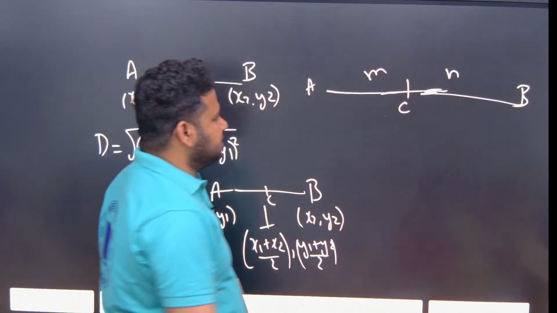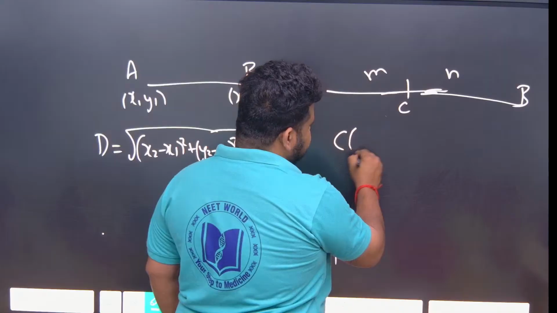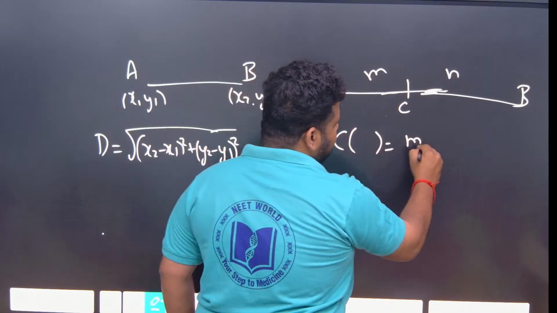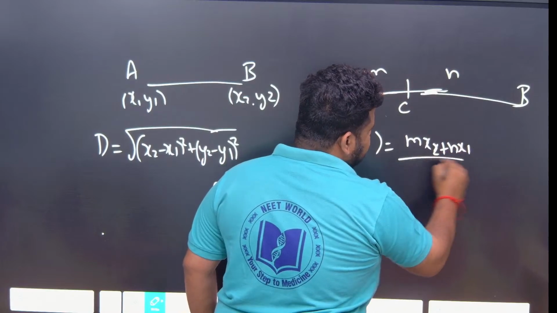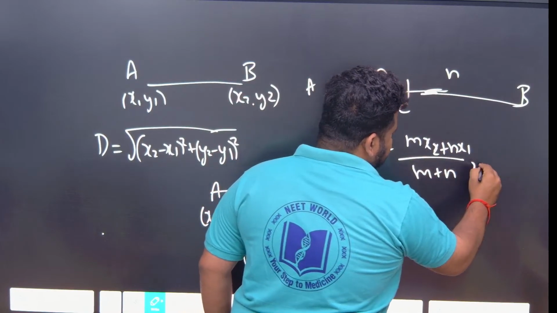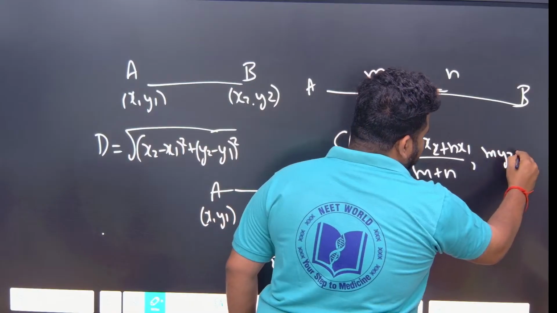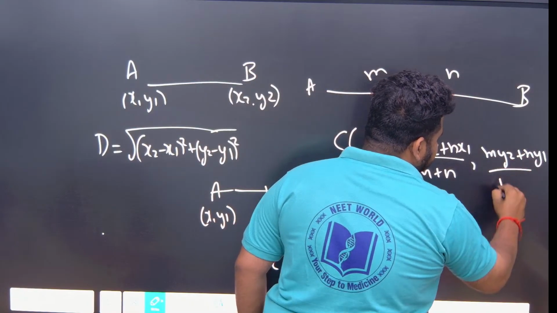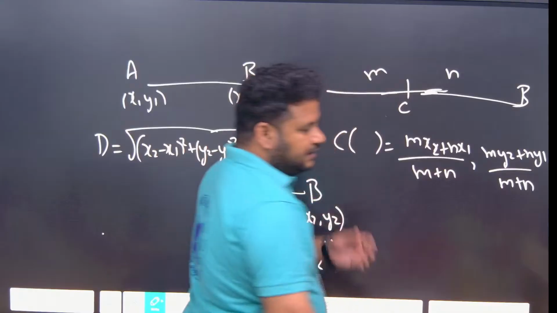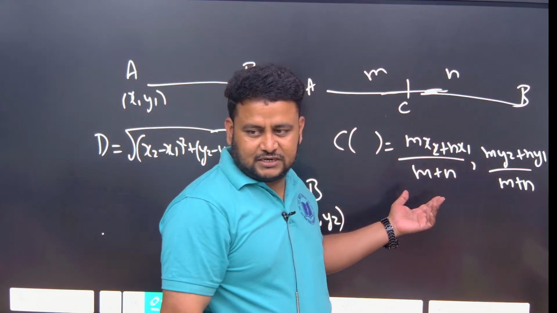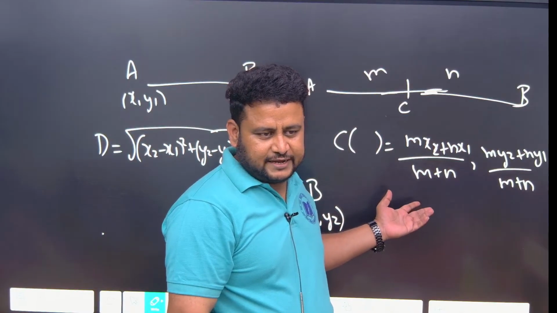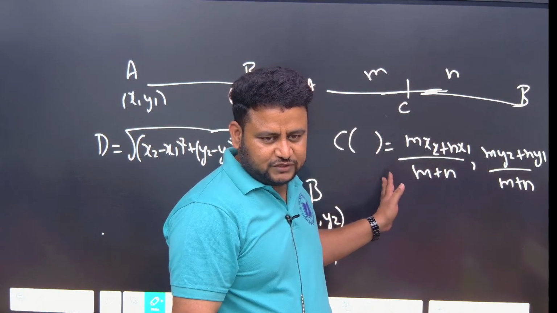Then the section formula says C will be equal to (mx2 plus nx1) by (m plus n), comma (my2 plus ny1) by (m plus n). But when it comes to vectors, there are no coordinates, so directly we will apply the formula. In vectors also we learn the section formula. Clear? So, these are the basics we must know, which you already know.